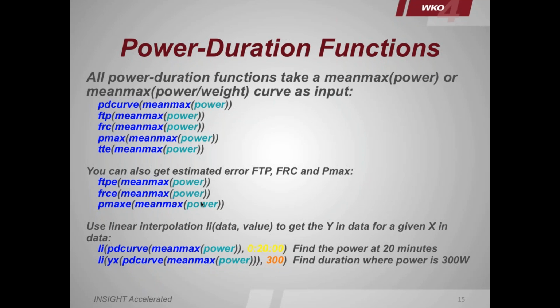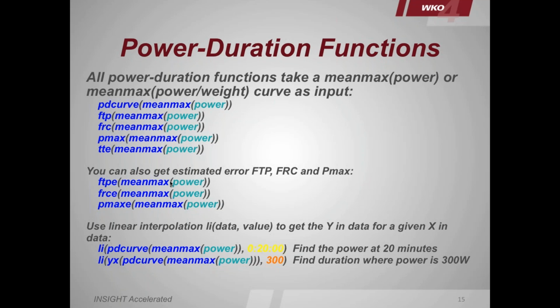We haven't been talking about this much on the power users group, but when WKO4 says your mFTP is 278 watts, you should use FTPE, and it will give you a number back like 7. What that means is WKO4 knows that your mFTP is 278 watts plus or minus 7 watts.